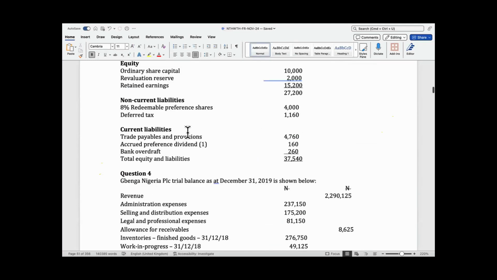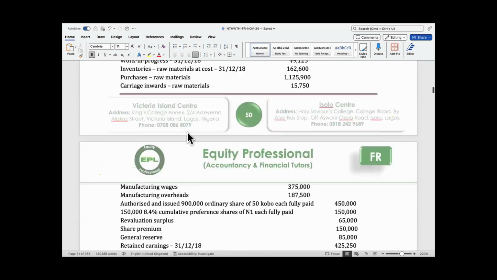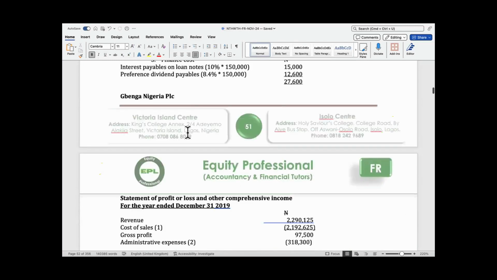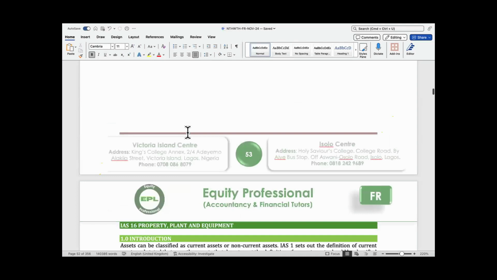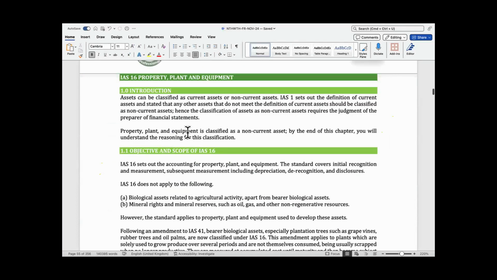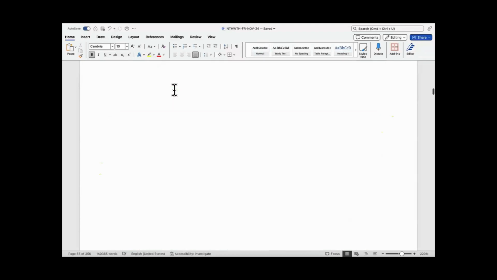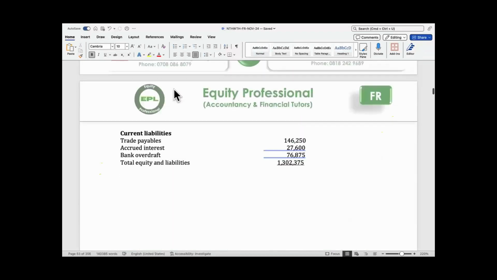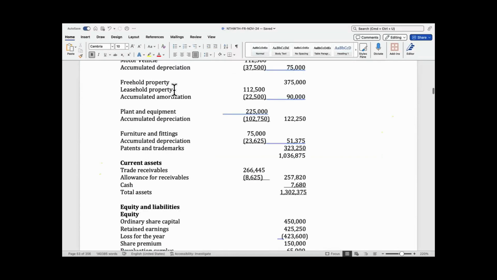Because from next week, we are going to start going into standards. I'm moving to IAS 16 next week, and things will get more tricky from there. To pass FR is quite easy. It just requires that you start being consistent in your reading. I've done 3 classes with you, so realistically I have 14 more classes with you, and that's the number of classes every other lecturer has with you.